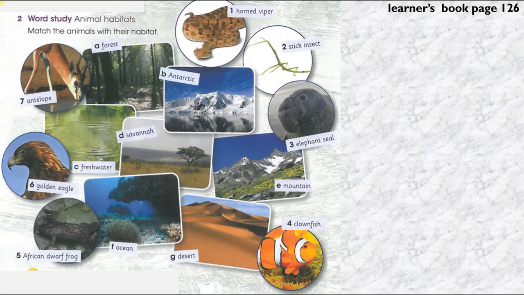If not, you can stop the video and go back and watch them again until you know every animal and habitat. Now, because you are going to match those animals with the habitats, we are ready to start with number one.